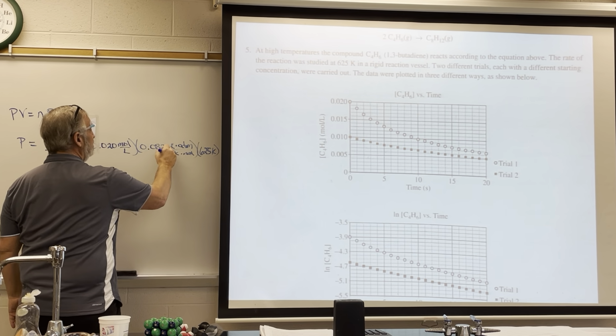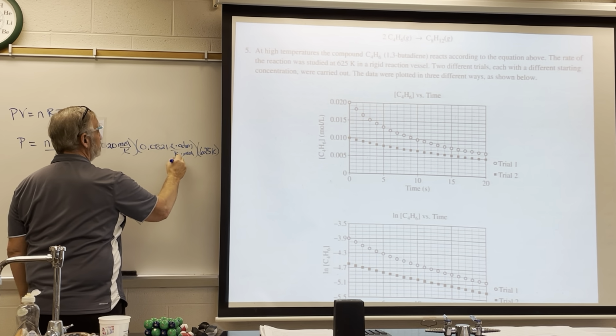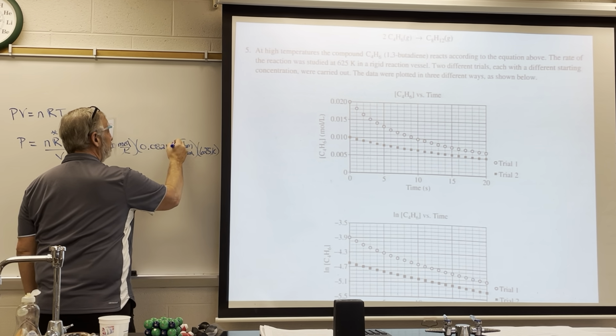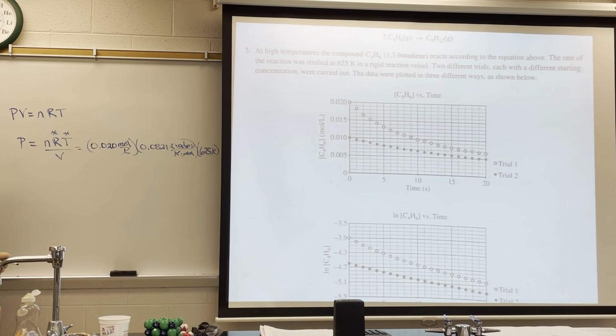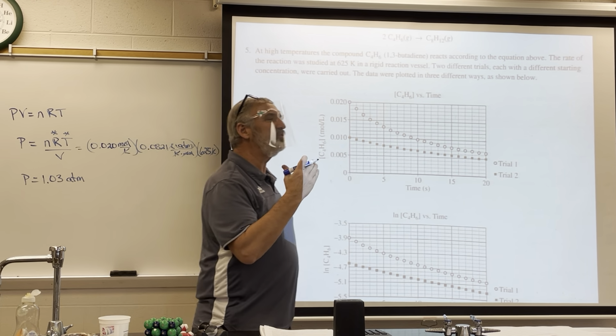So liters cancel, moles cancel, kelvins cancel, leaving me with atmospheres, which is what I want. So we get 0.02 times 0.0821 times 625. The pressure is equal to 1.03 atm.